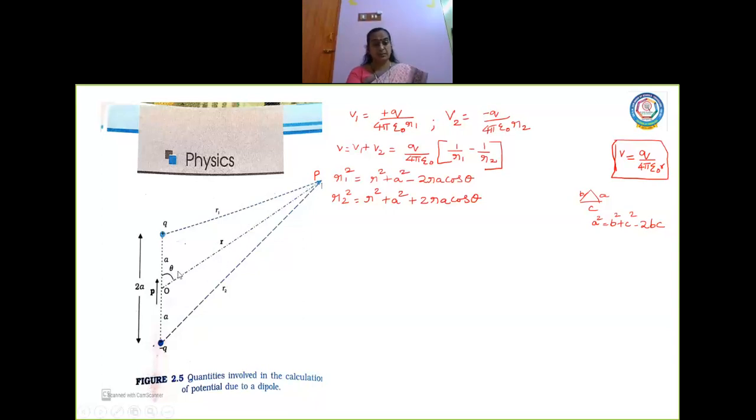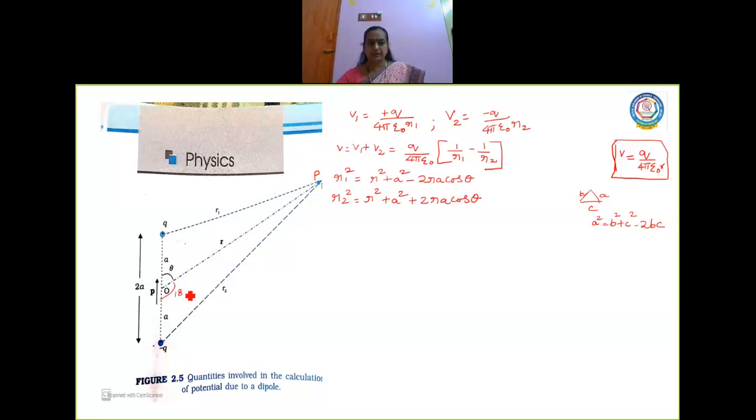Now if this is theta, what will be this angle, children? This angle will be 180 minus theta, right? So here this angle will be 180 minus theta.